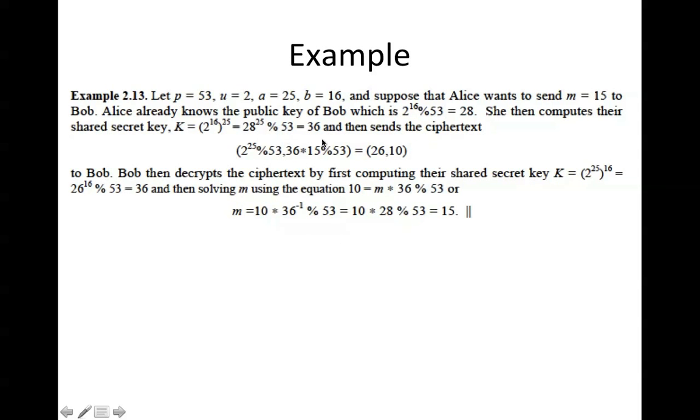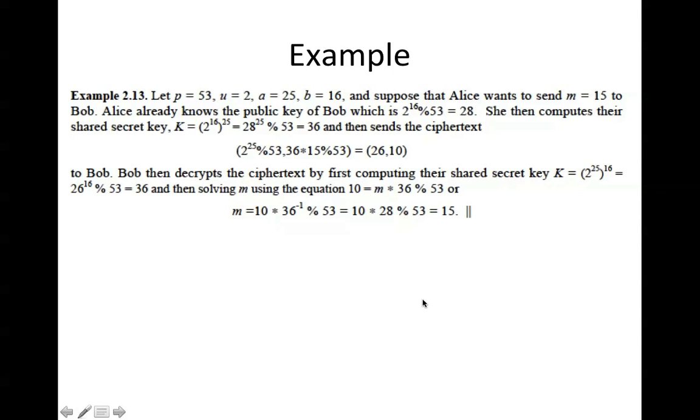Of course, along with the message times the shared key mod 53, or mod p, we also transmitted Alice's public key, and then Bob used that information to form K, from which he surmised the message by way of this algebra here.